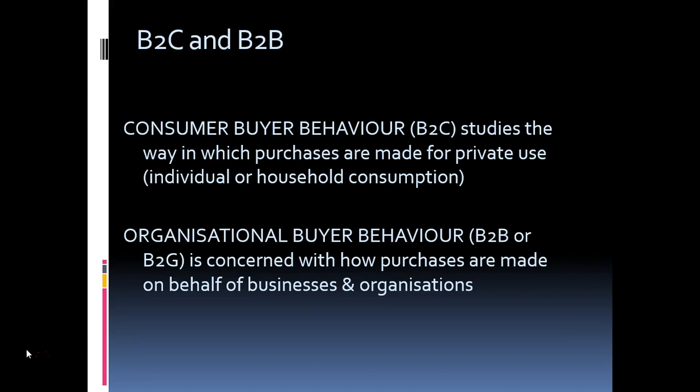Businesses are going to buy things either for their own use, so they might be buying laptops, software, furniture, again stationery, but they also might buy raw materials that they are going to add something to, or products that they are then going to sell on.